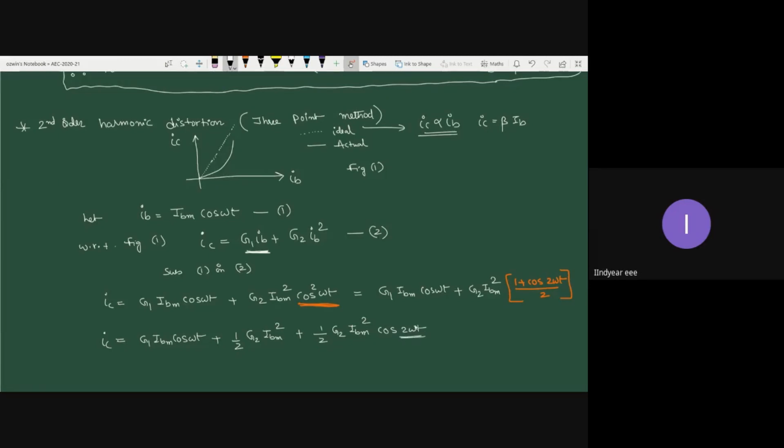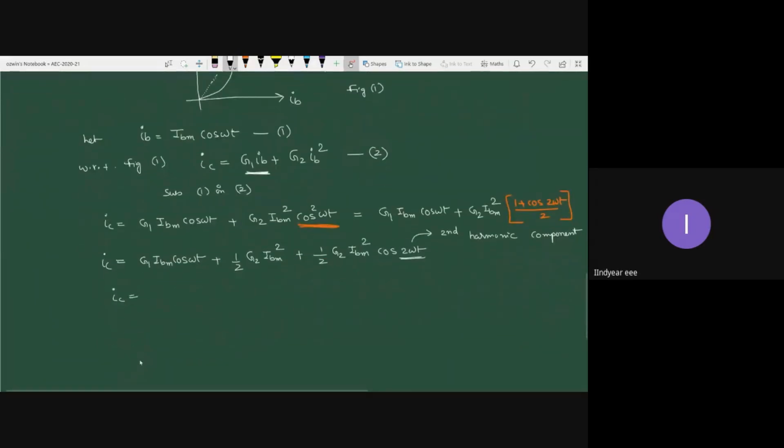So this cos 2 omega t is basically a second harmonic component.